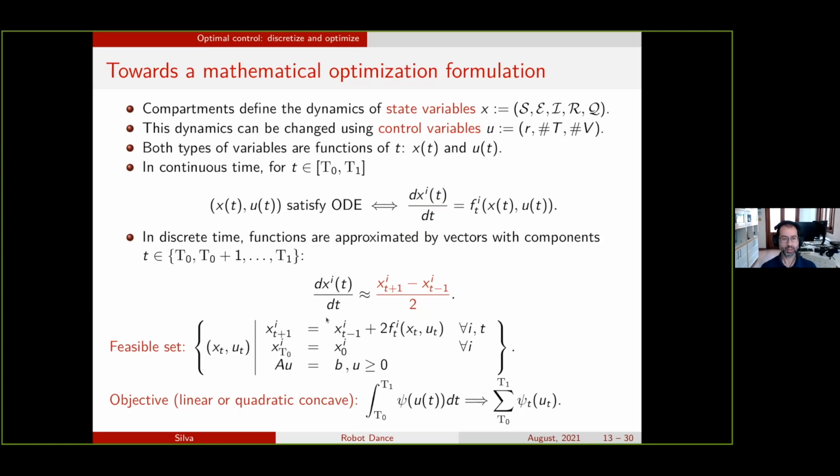And now your dynamics become discrete dynamics that look like this.